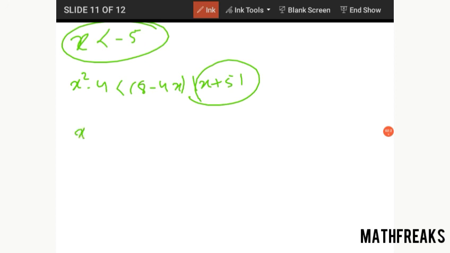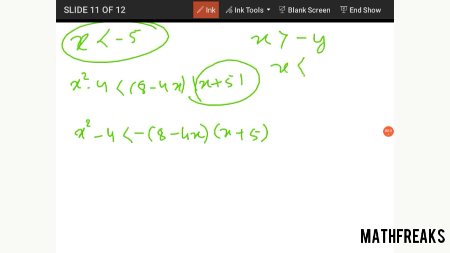If this is negative, the mod will open with a sign change. So we can write it as x squared minus 4 is less than minus of 8 multiplied by (x + 5). Correct. Now again you have to connect the dots that I told you. If x is greater than minus y, then minus of x will be less than y.